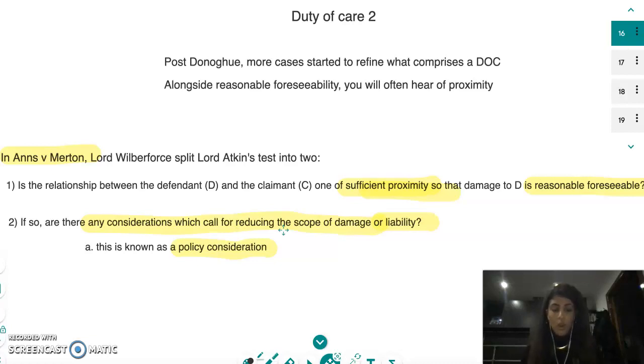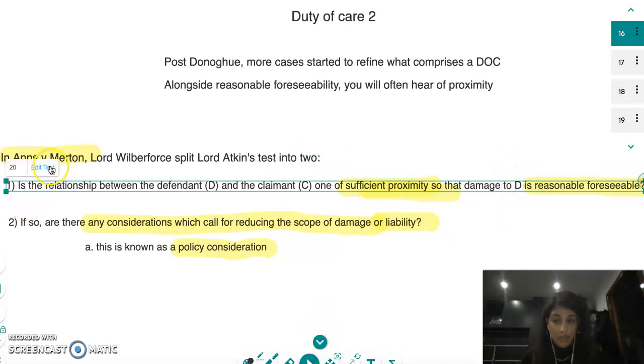We're not really sure what specifically it means when we first hear it. In Anns and Merton, Lord Wilberforce starts to bring it in. He adds to the idea of reasonable foreseeability, as you'll see here, and asks the question, is the relationship between the defendant and claimant one of sufficient proximity so that the damage to the claimant is reasonably foreseeable?